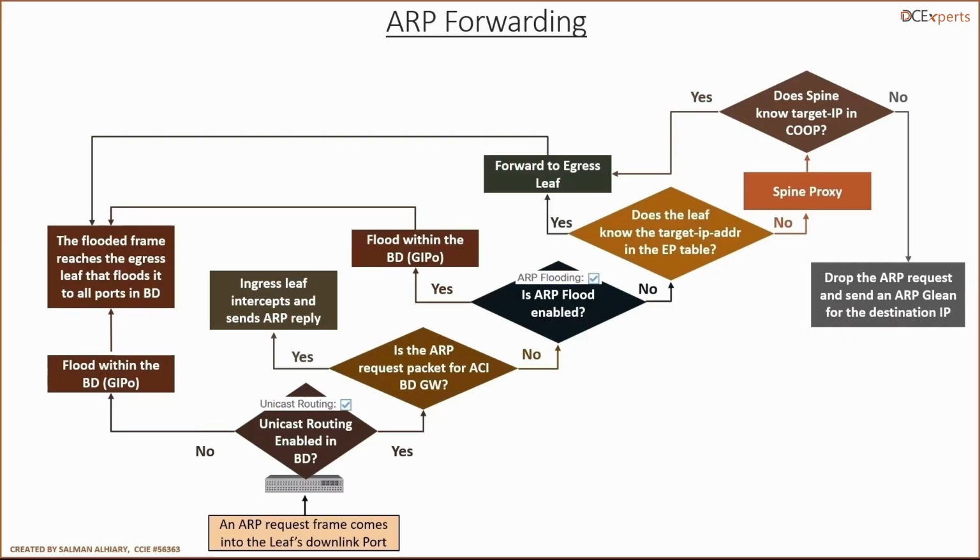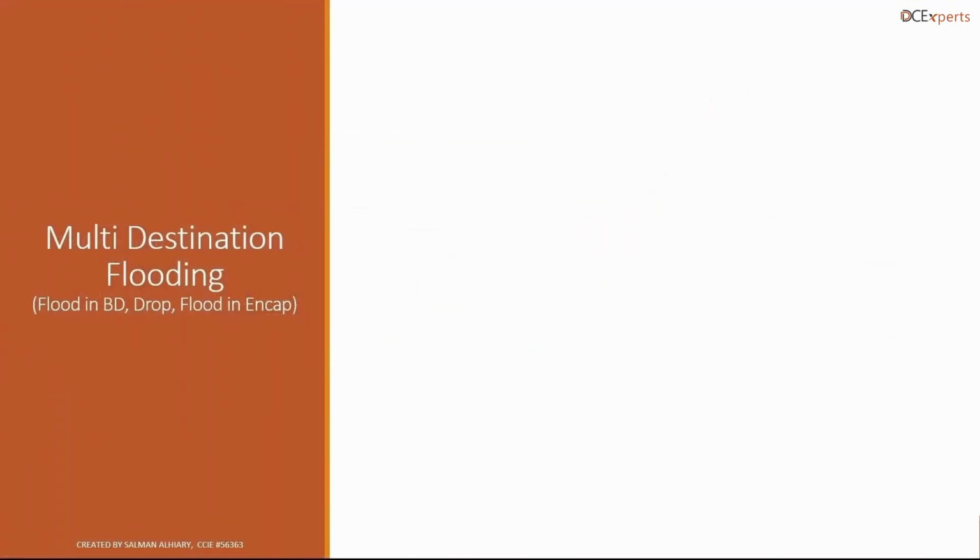But if the ingress leaf hasn't learned the target IP, it sends the ARP frame to the spine proxy. And the spine forwards the ARP request to the egress leaf if it has learned the target IP in the COOP database. Otherwise, it drops the ARP request and sends an ARP glean message to all leaves in the fabric. I hope that's clear. Let's move to the multi-destination flooding.